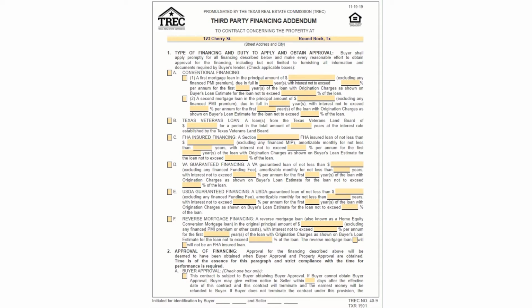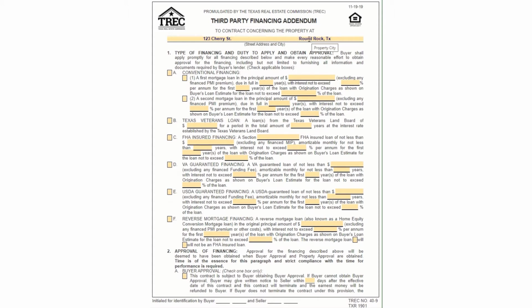In paragraph 2 specifically, the paragraph regarding approval of financing, this is where buyers and sellers will often misunderstand and then have conflict over the requirements for the loan approval and what constitutes a reason that the buyer would be able to terminate a contract based on not getting loan approval and receiving back the earnest money. So we want to make sure that we do have a good understanding of this form.